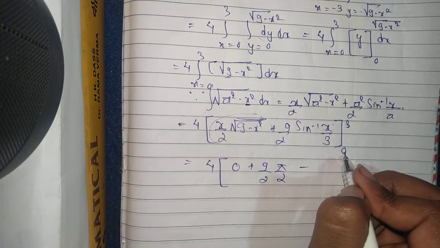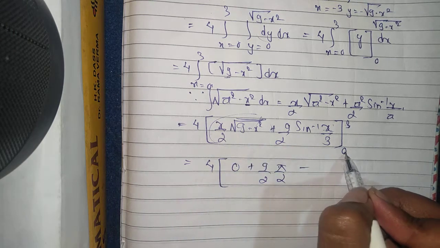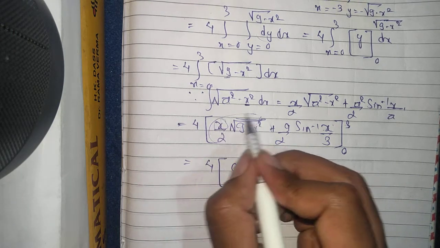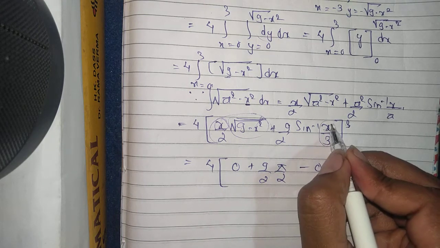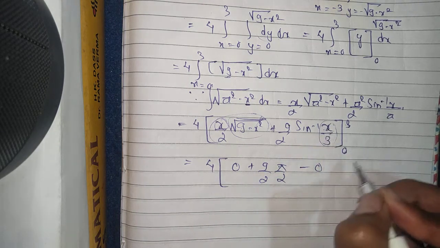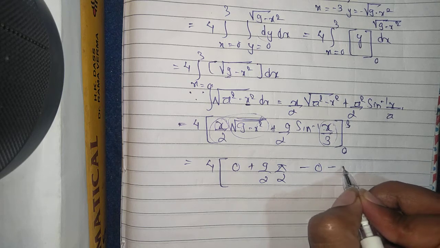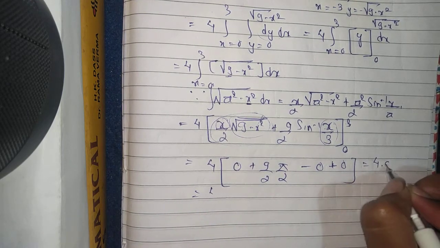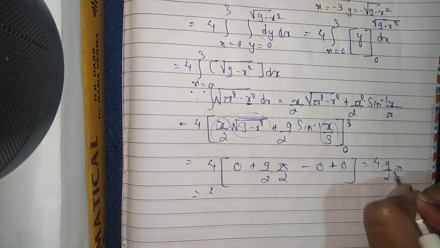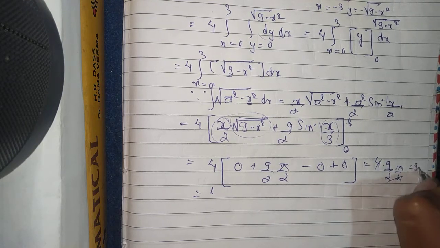Minus, secondly we put 0 for x: the first term gets 0, and substituting 0 in the variable x again, we get 0 plus 0. So we got 4 times 9 by 2 times pi by 2, which equals 9 pi.